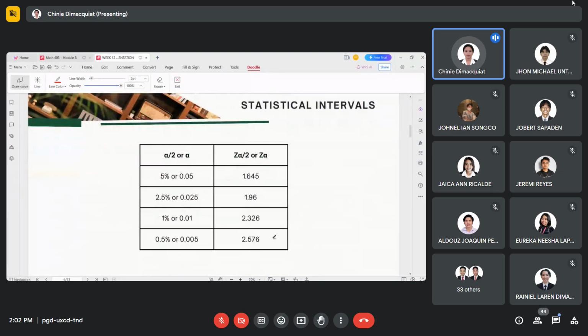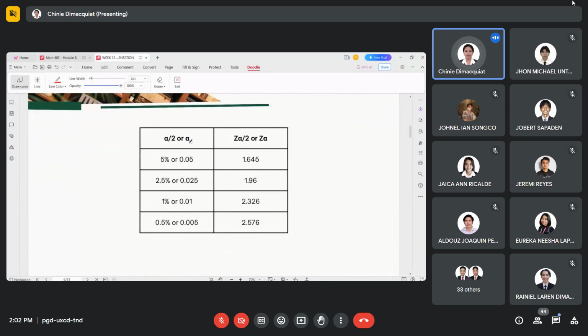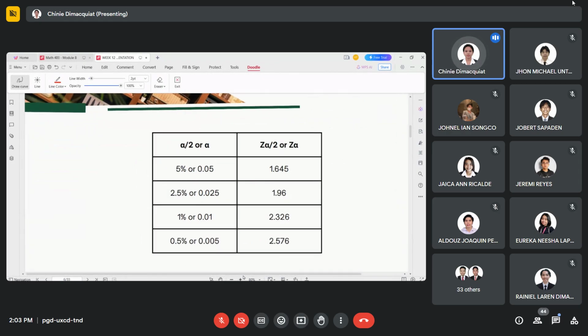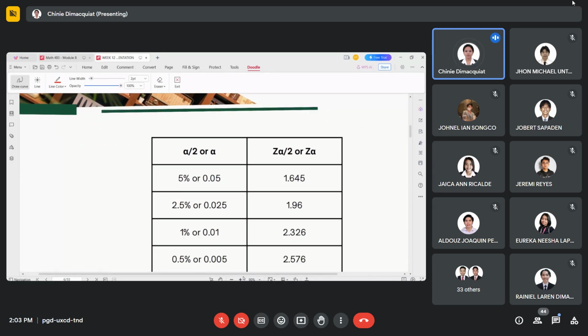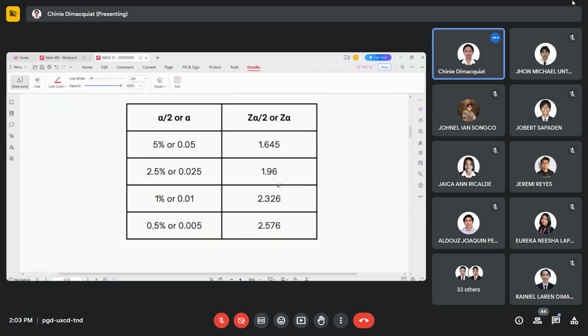So, ito yung alpha over 2 or alpha natin and yung kanyang corresponding z alpha over 2 or z alpha. So, minodify ko lang yung table na ginamit natin last time sa paggawa ng interval. So, para hindi nakakalito, pinagsama ko na alpha over 2 or alpha and z alpha over 2 or z alpha.